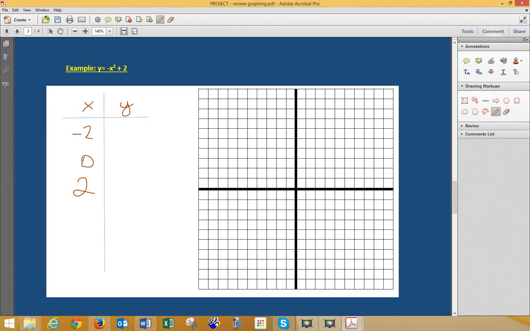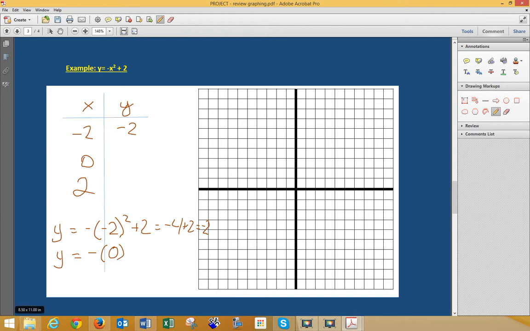And I'm going to see what the corresponding y is. So in this equation, x, we've got negative. Okay, so that equals -2 times -2 is 4, equals -2. So when x is -2, y is -2. When x is 0, so that's going to be negative.